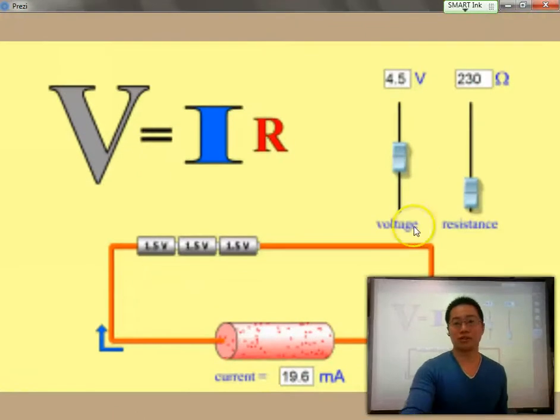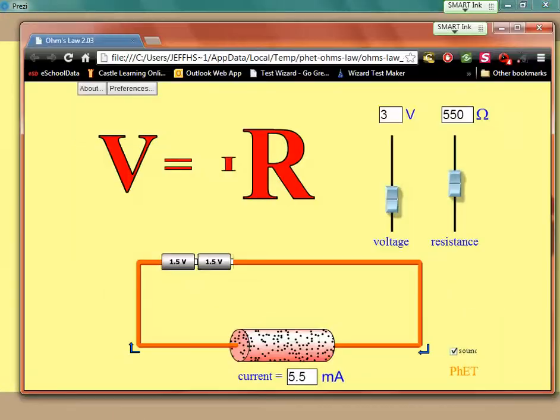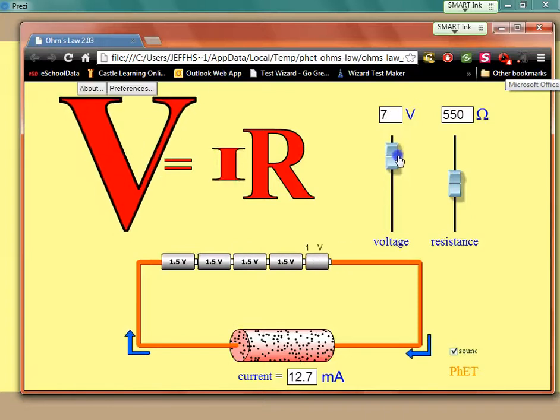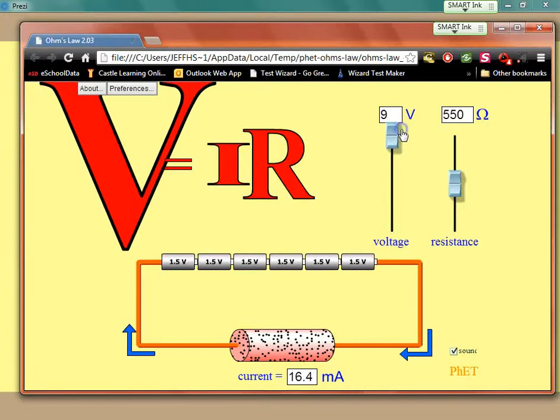In this next demonstration, we're going to take a look at how the different factors actually affect the level of current in a circuit. The most important thing to note is that when you increase the number of batteries in the circuit, you can see that the current is increasing.